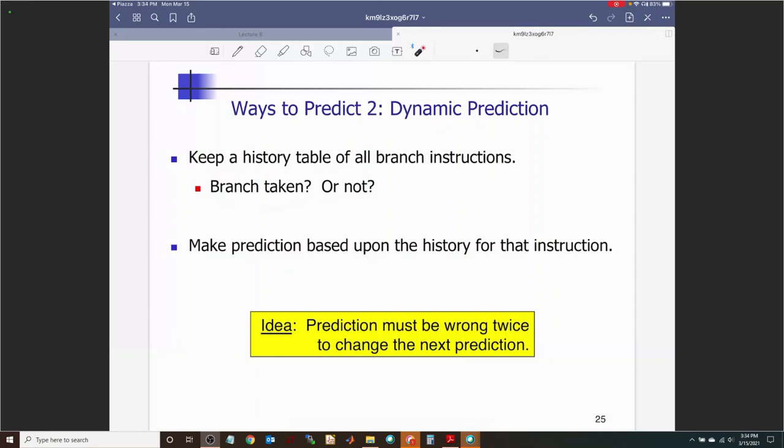So the better way is that the prediction must be wrong twice for you to actually change the type of prediction you're making. So if you're saying let's take the branch, let's take the branch, let's take the branch, you have to be wrong twice, meaning two branches have not been taken, so that now you can go to that branch not taken state.